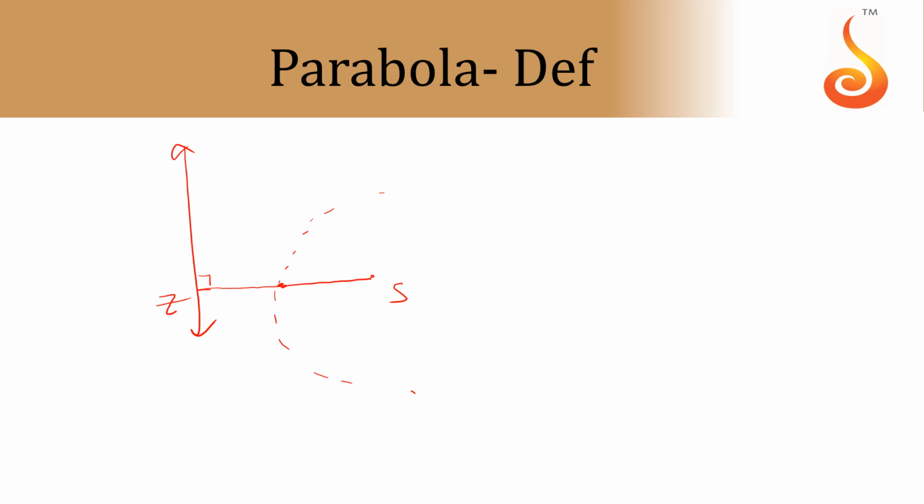You know all the terms related to conic: focus, directrix, Z, and the line perpendicular to the directrix passing through the focus, we call the axis. Where the curve meets the axis is called the vertex. A chord perpendicular to the axis is a double ordinate, chords passing through the focus are focal chords. If a focal chord is perpendicular to the axis, it is the latus rectum. So different terminology you already know.